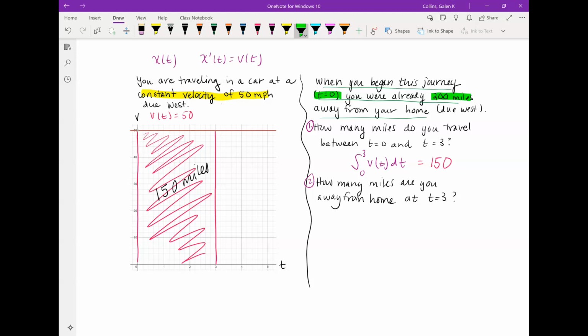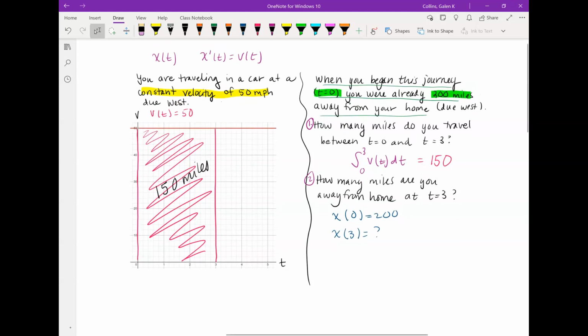Since we were already 200 miles west of our home, we are getting further away from home. We are not traveling towards our home. So what we know is that x of 0 is 200, and what we're asked to find is our position x when t equals 3.